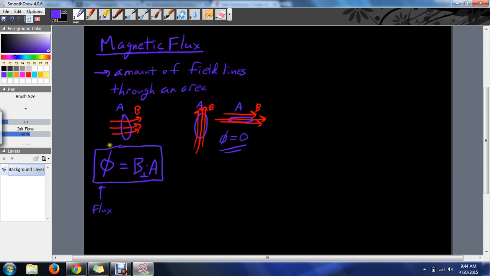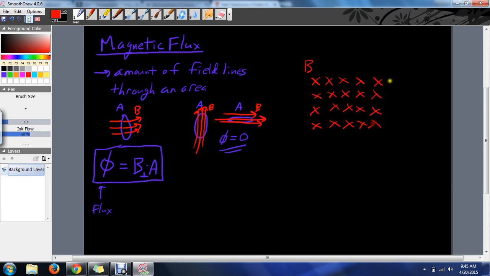If nothing's pointing through it, then the flux would be 0. Here you want the field lines to go through the hoop. Let's draw field lines in a different way. Let's say we have x's, x's of course meaning into the screen or the page. And let's say that I want to know the flux through different areas.